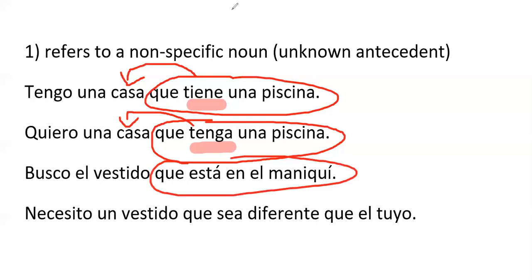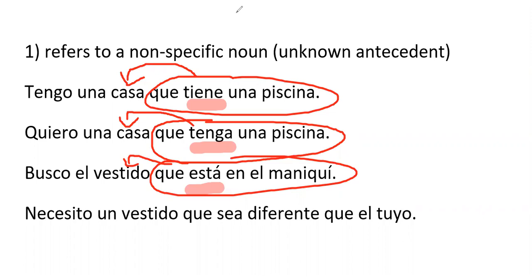I want that same kind, that same one. That's why our verb in this case is está. Whoops, that's kind of cool, but accidental. Here, right here, está. That's the indicative because we are talking about a specific dress. So when I go back and I refer to the vestido aquí, I am talking about a specific dress.